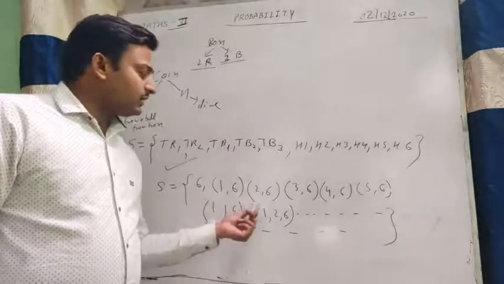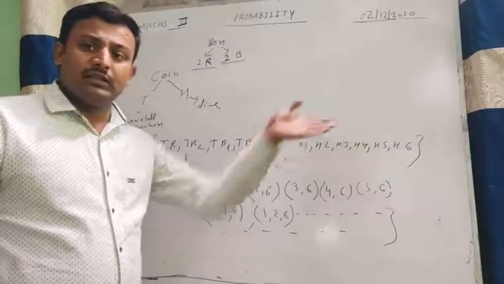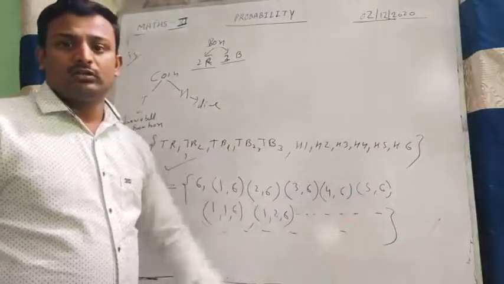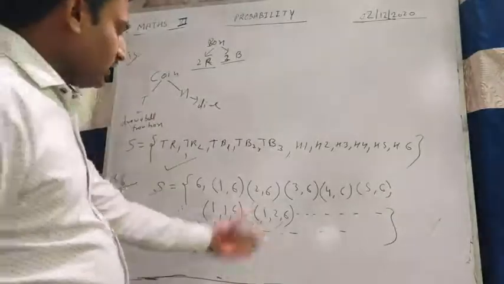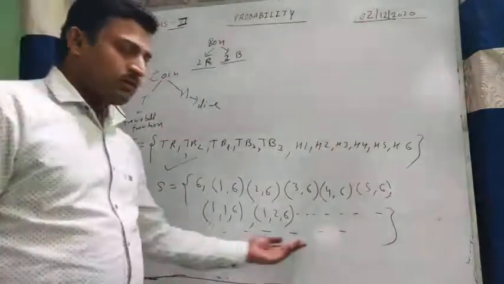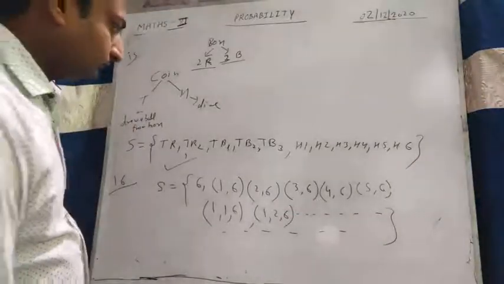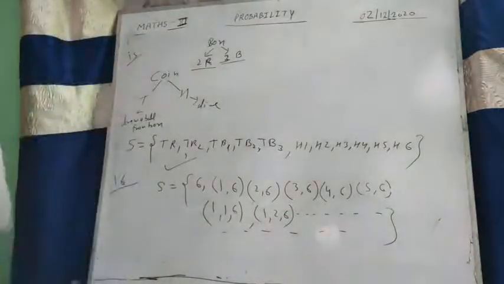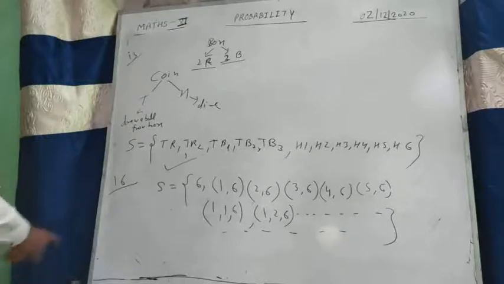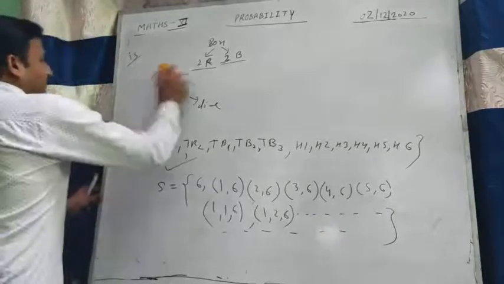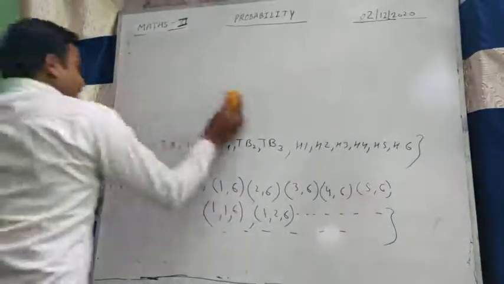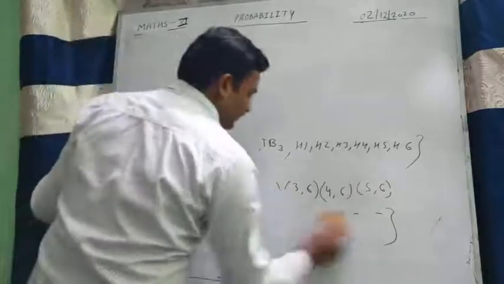So 2, 1, 6, 2, 2, 6, 2, 3, 6, it will carry on. So the total number of outcomes will be infinite. Now we will see our next exercise, Exercise 16.2.